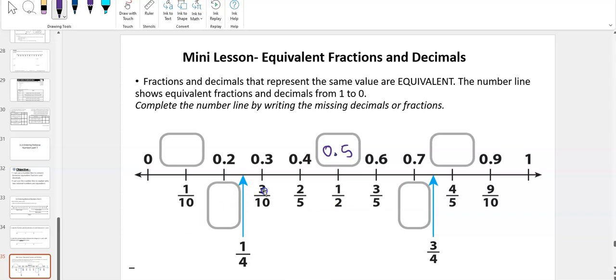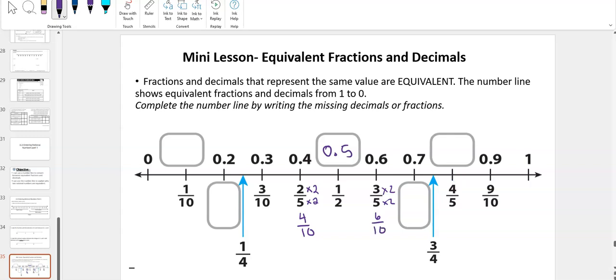Another one here would be 2 fifths, which is the same as 4 tenths, because I could just multiply my 2 fifths by 2, and that gives me 4 tenths. Same thing with 3 fifths here. If I times the top and the bottom by 2, I get 6 tenths.